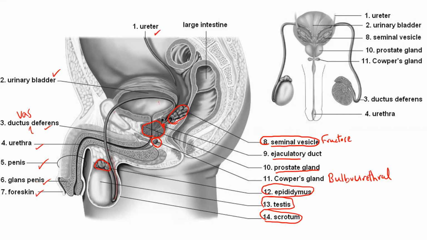So for males, we have both a urinary and reproductive tract in one. The urethra is the passageway for both urine and sperm, unlike females. And here's just another diagram of it right there.